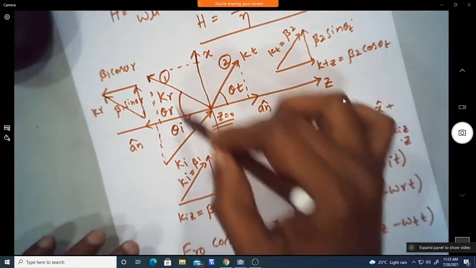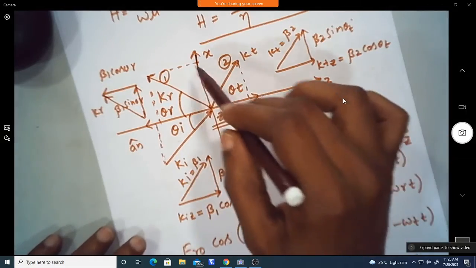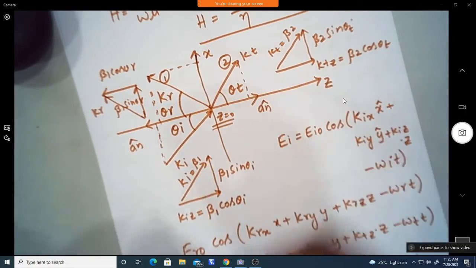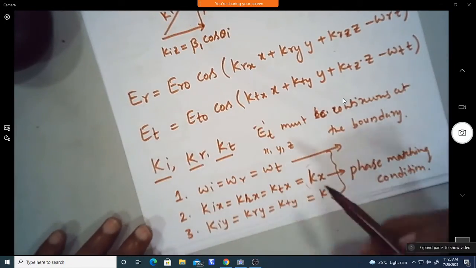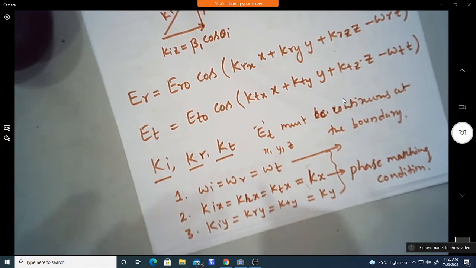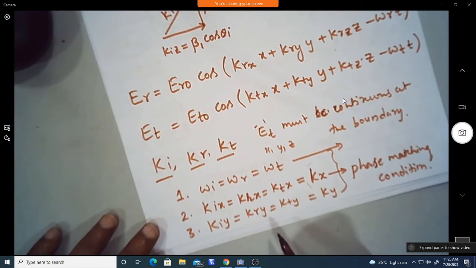That is the meaning: all should lie in the same plane. If you consider another plane, it should be similarly in that other plane only. That means the reflected, transmitted and incident waves should lie in the same plane. That is what the phase matching condition says.